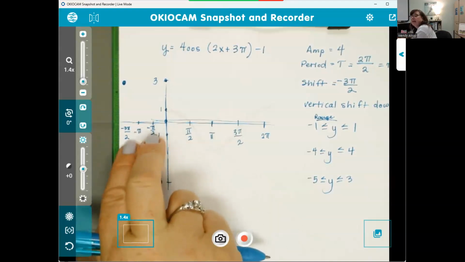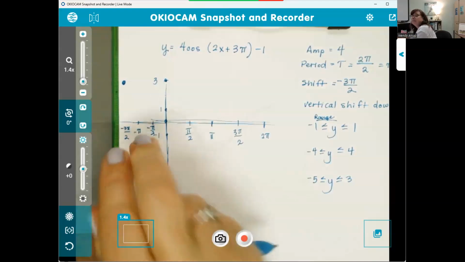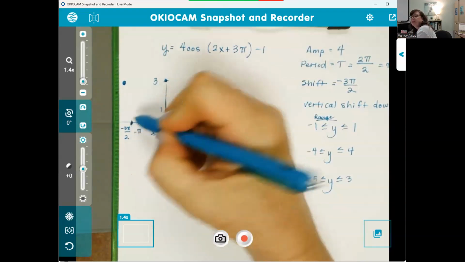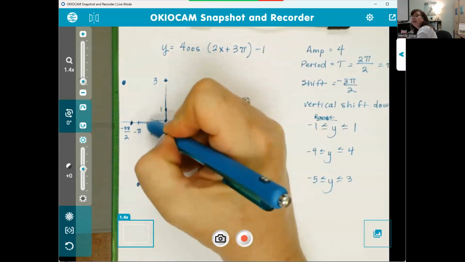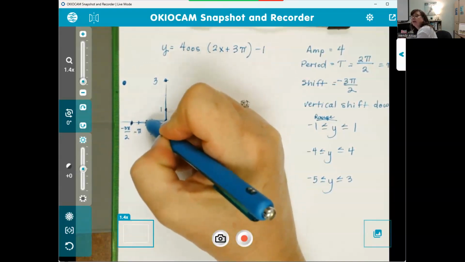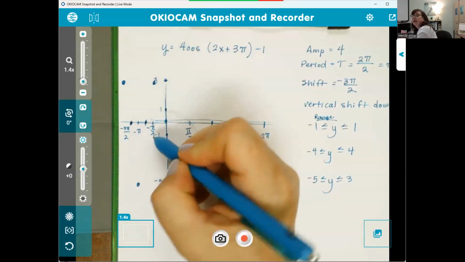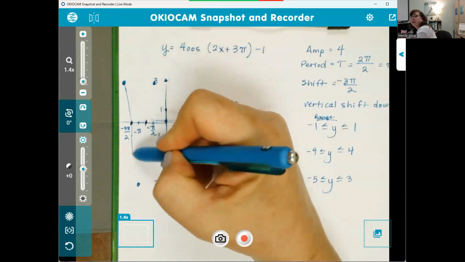From -3 pi over 2 to negative pi over 2 would be pi units. So I need to figure out what that point is. That's where you come down. This one, you're going to go all the way down to the -5. Here, you're going to be back there, and then you're going to be back up to 3 here at negative pi over 2. And of course, this goes on infinitely. This is just our basic.